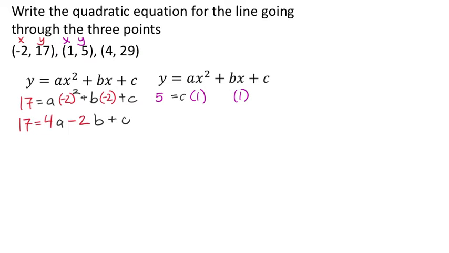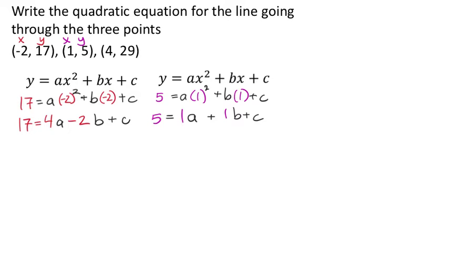Now I get 5 equals a times 1 squared plus b times 1 plus c. This just ends up being 5 equals 1a, you can make it 1a if you'd like. In fact, I will show the 1 because I think it's going to make things easier. And even the coefficient of b, I'll show that as 1 as well. So this in purple, 5 equals 1a plus 1b plus c, is my second equation.